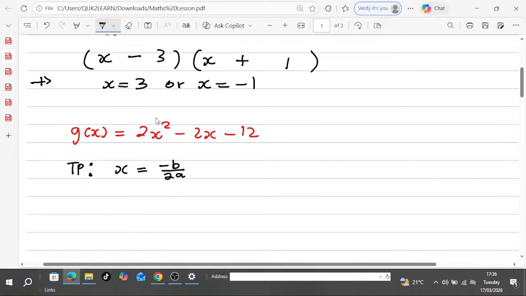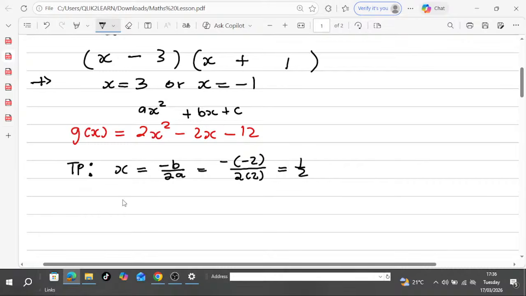Remember, this is in the form ax squared plus bx plus c. What is the value of b? It is negative 2. So this will be negative, inside the bracket negative 2, everything divided by 2 times 2. Therefore, the x coordinate is 1 over 2.